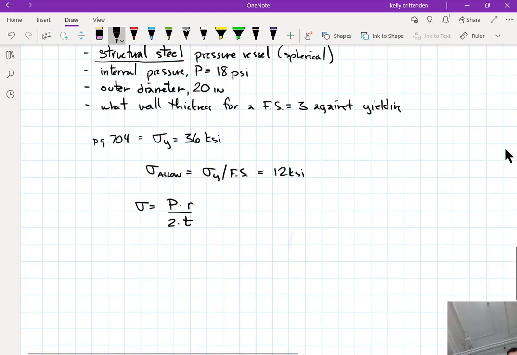So our allowable stress is 12,000 PSI. Our internal pressure is 18 PSI.